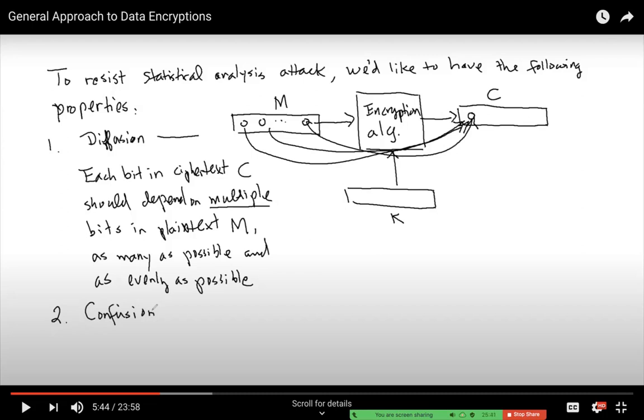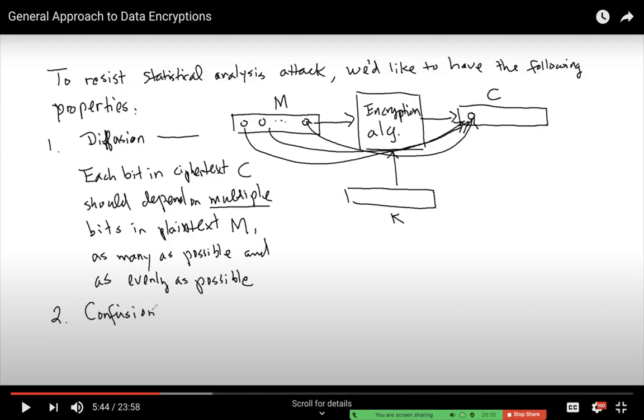I want each bit in the ciphertext to come from, let's say, 5 bits from M. But these 5 bits cannot be all concentrated on one group, like on the left of M. I want them to be evenly spread out. So you don't want all of the bits to come from the same grouping, is what you're saying. That's right. Okay, all right.